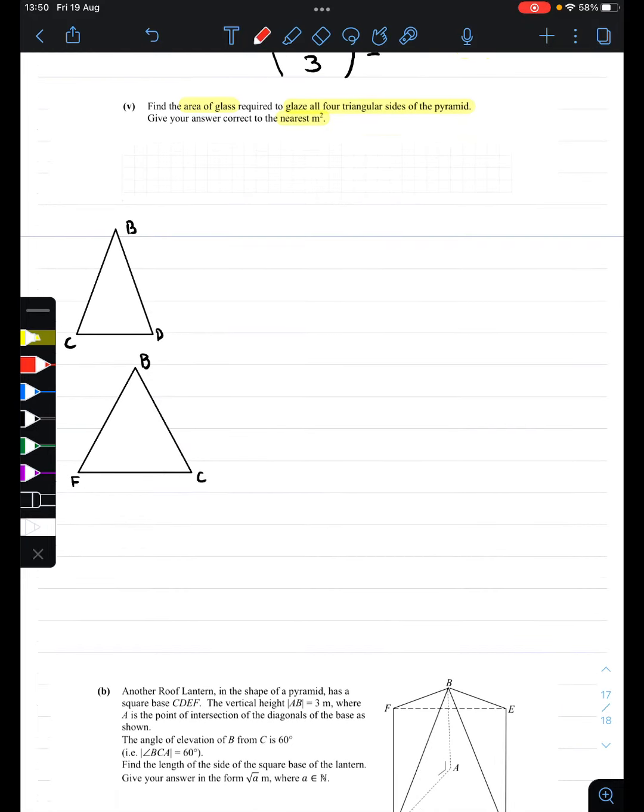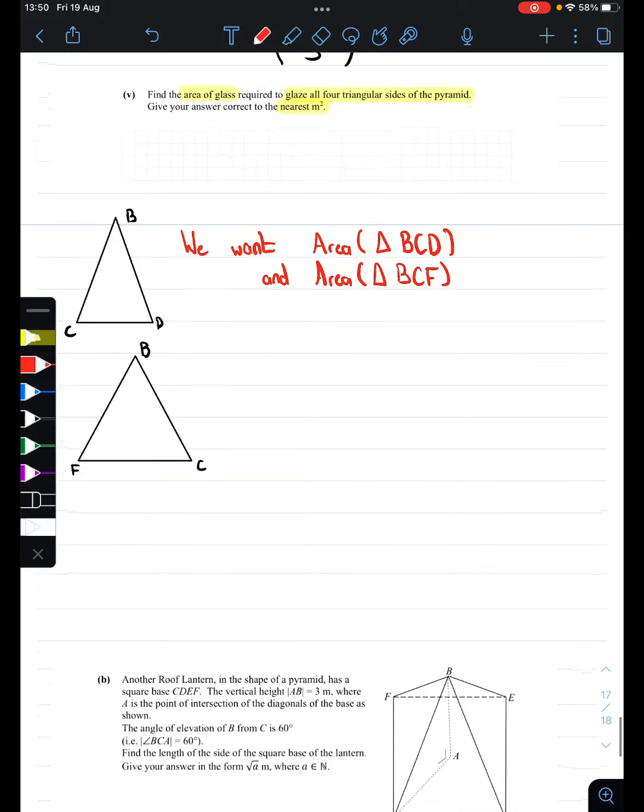So what do we want? We want the area of the triangle BCD and the area of the triangle BCF.